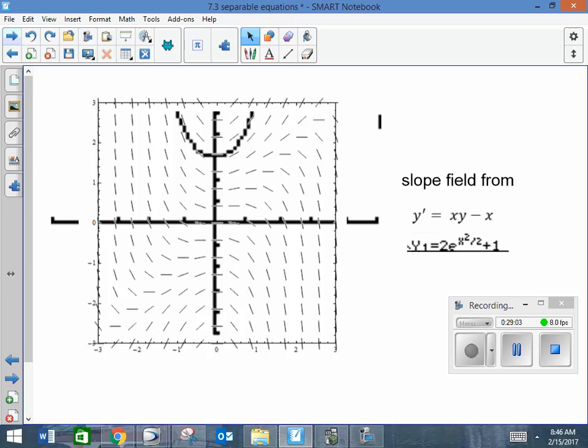That's all this background. And then y1 superimposed on it is 2 e to the x squared over 2 plus 1. You can tell it perfectly fits the slope field that we have through 0, 3, which is probably right here, I'm guessing. Okay?